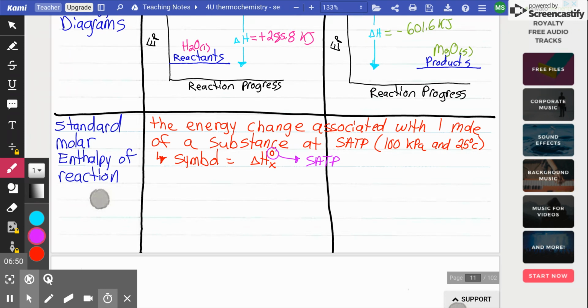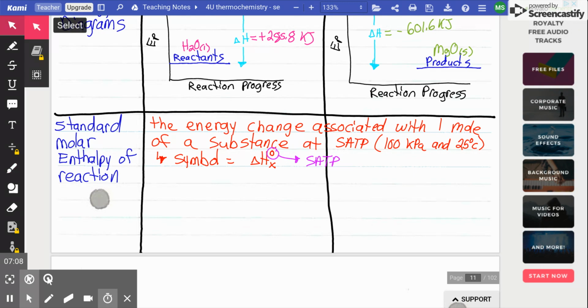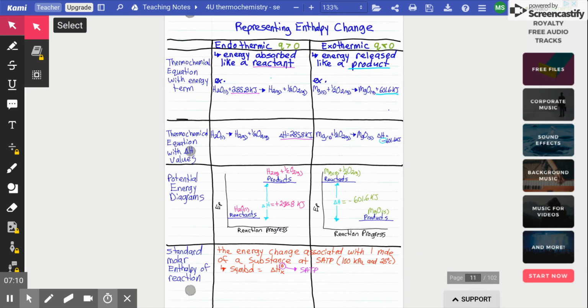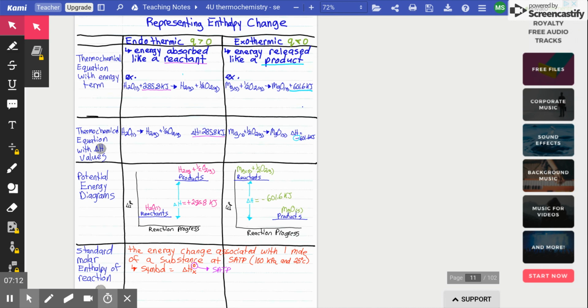But if there's more than 1 mole involved, you have to do some division to figure out the molar enthalpy of reaction. So we will do some practice with standard molar enthalpy of reaction together. But other than that, this concludes our lesson when we are looking at how we can represent enthalpy change in 4 different ways.